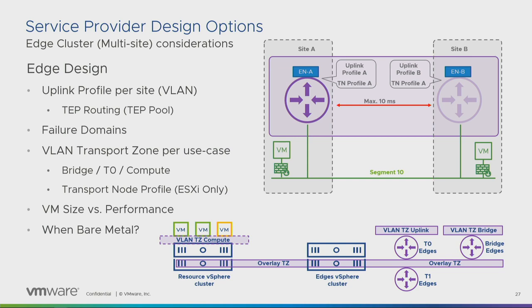A couple of things for edge nodes are their size versus performance. The smallest one to be used in production would be a medium-sized edge node, which supports up to 2 gig of throughput. When you have more services, go further and use a large one, which is supported up to 10 gig. There is also an X-large one, but it's mainly used if you have a lot of VPN connections or load balancers, which nowadays would move to NSX Advanced Load Balancer anyway.